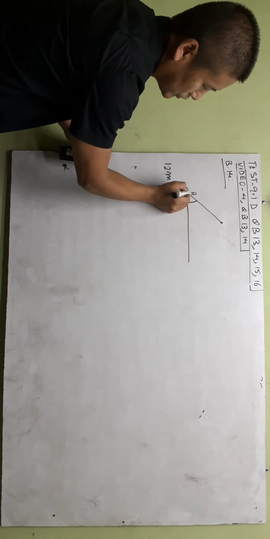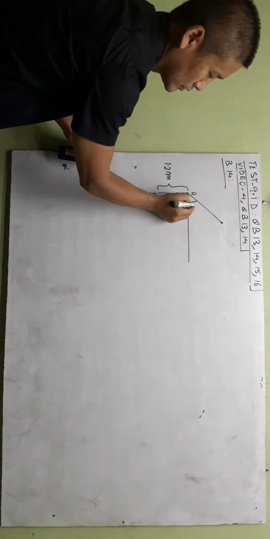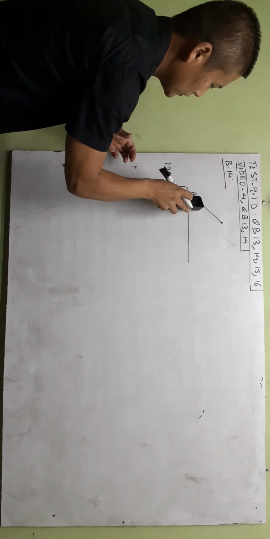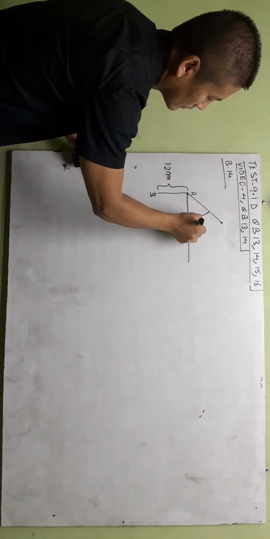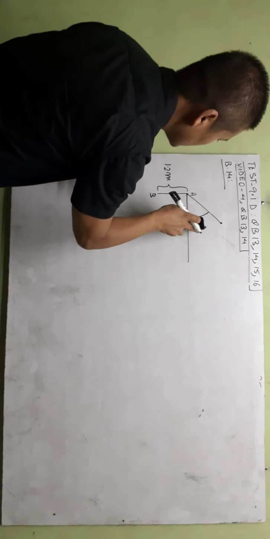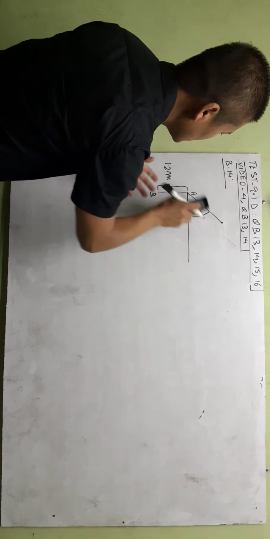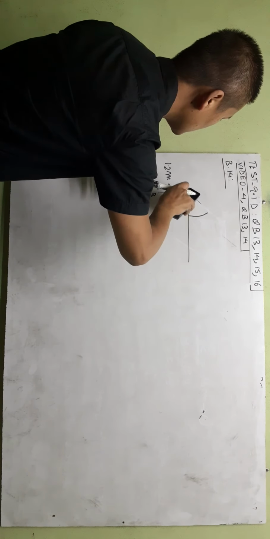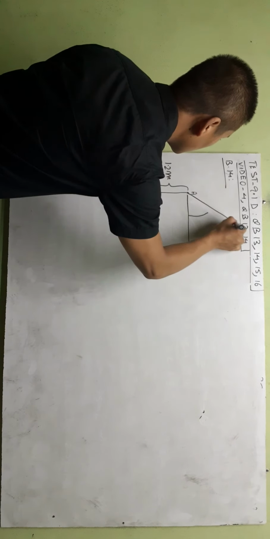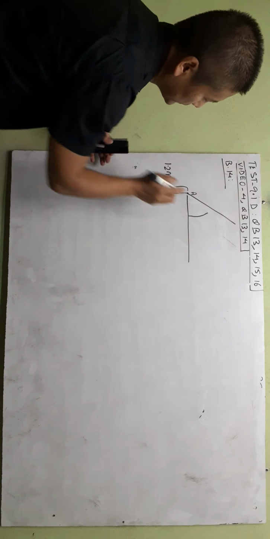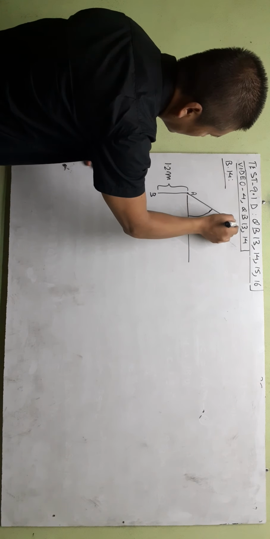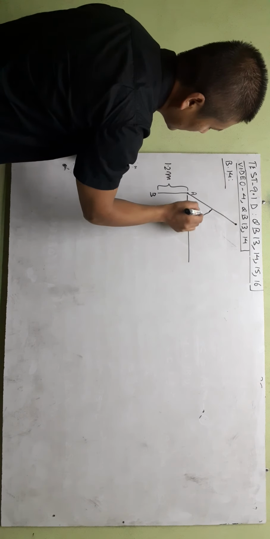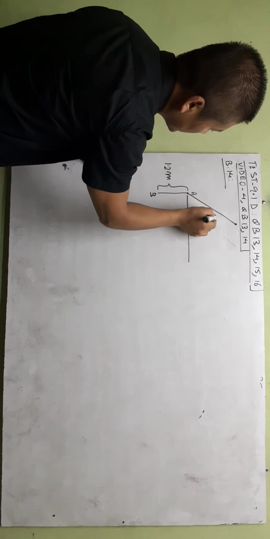So since she's looking at the balloon above her eye level, that's why they're calling it elevation. So clearly the question mentions this one as 60 degree, okay? Let me just slightly draw it this way, 60 degree. So this is the balloon. So she looks at that and this is 60 degree.